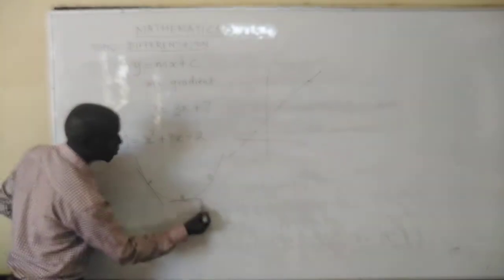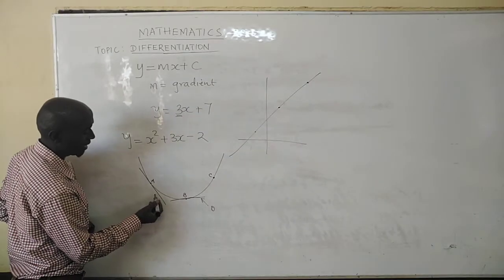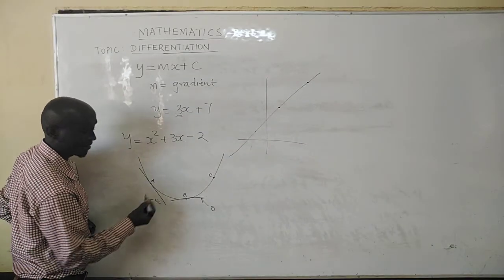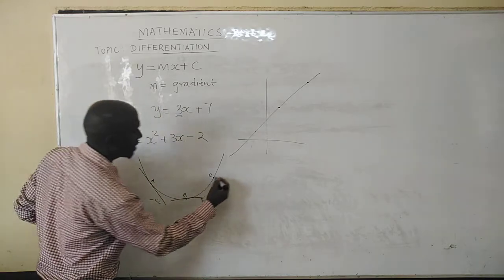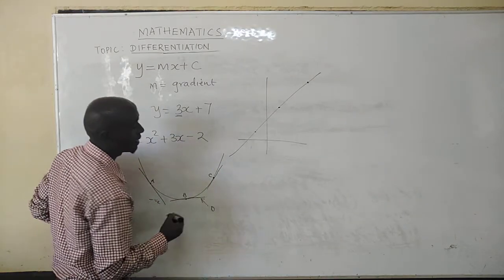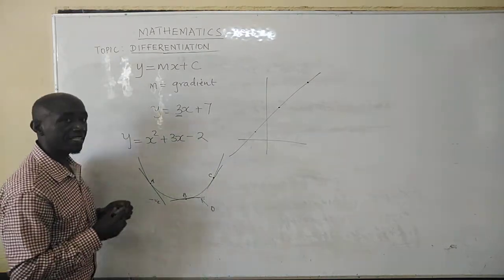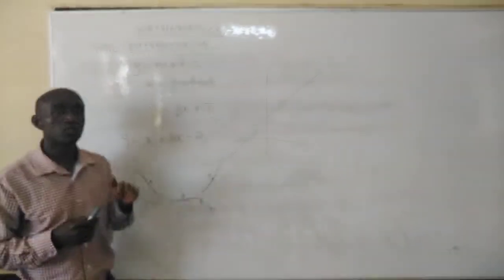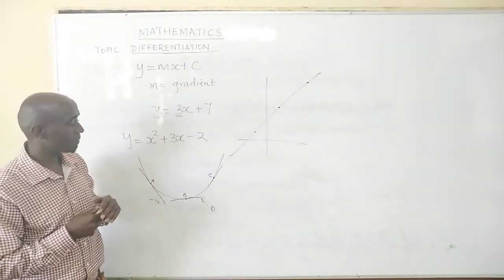So the gradient of horizontal line is 0. This one here, the gradient is most likely negative. And here, the gradient is different again. Gradient is the same as steepness, how steep the graph is.